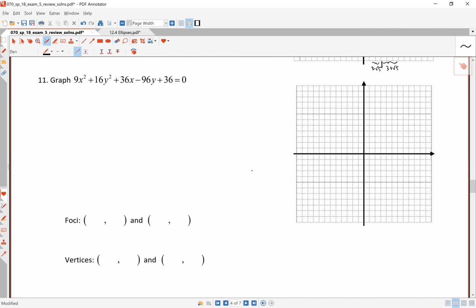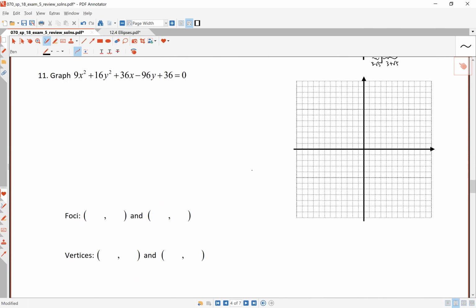Number 11. Graph 9x squared plus 16y squared plus 36x minus 96y plus 36 equals 0. We must complete the square on the 9x squared and the 36x terms, and the 16y squared and the minus 96y terms, and so we subtract 36 from both sides. We need to make the coefficient of x squared and y squared 1, so we factor out the 9.